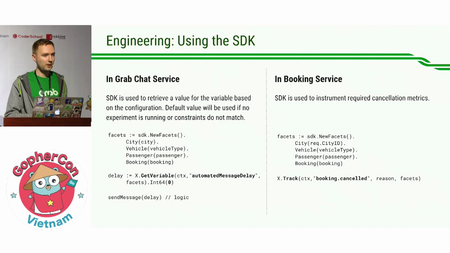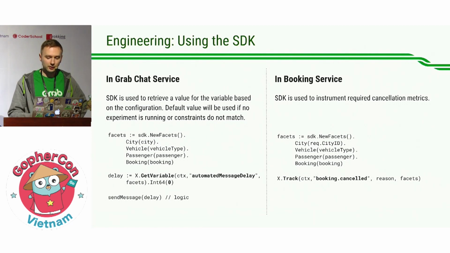And the variables can be different types. In this case it's int64, and 0 is the default value. If for some reason there's no experiment running, there's no feature flag, or the system is broken, they get the default value, and the engineer gets to put in this default value and know what to do with it. In this case, maybe send a message.